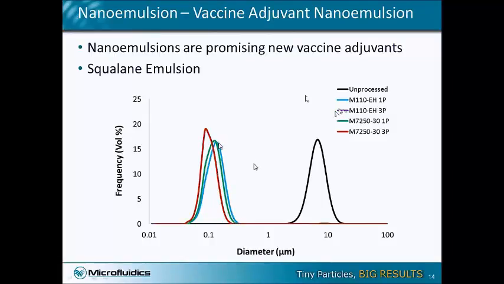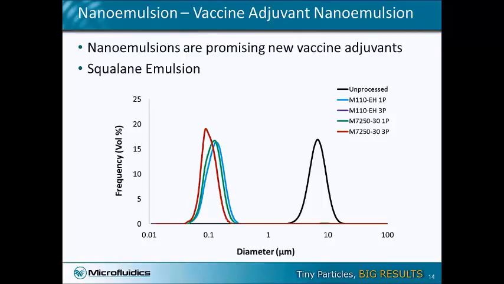The green and red curves are processed by a larger scale production microfluidizer. You can see after one pass the results are really close, and it gets even better after 3 passes. Both machines give identical results. This proves the scalability from pilot scale to production scale.